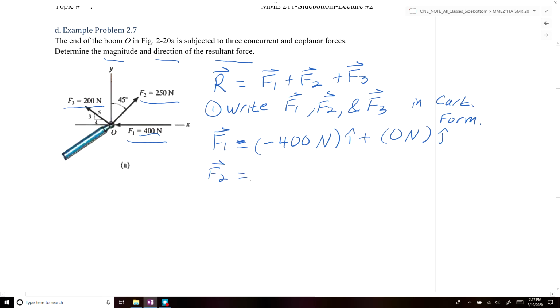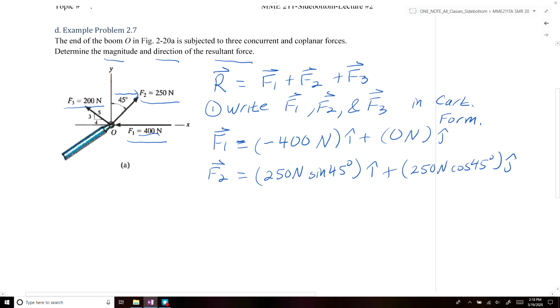For force 2, we're given that it has a magnitude of 250 newtons, and we know that it's at a 45-degree angle with the y-axis. So we can say that its x component is going to be equal to 250 newtons times the sine of 45 degrees times the unit vector i, plus 250 newtons times the cosine of 45 degrees times the unit vector j.